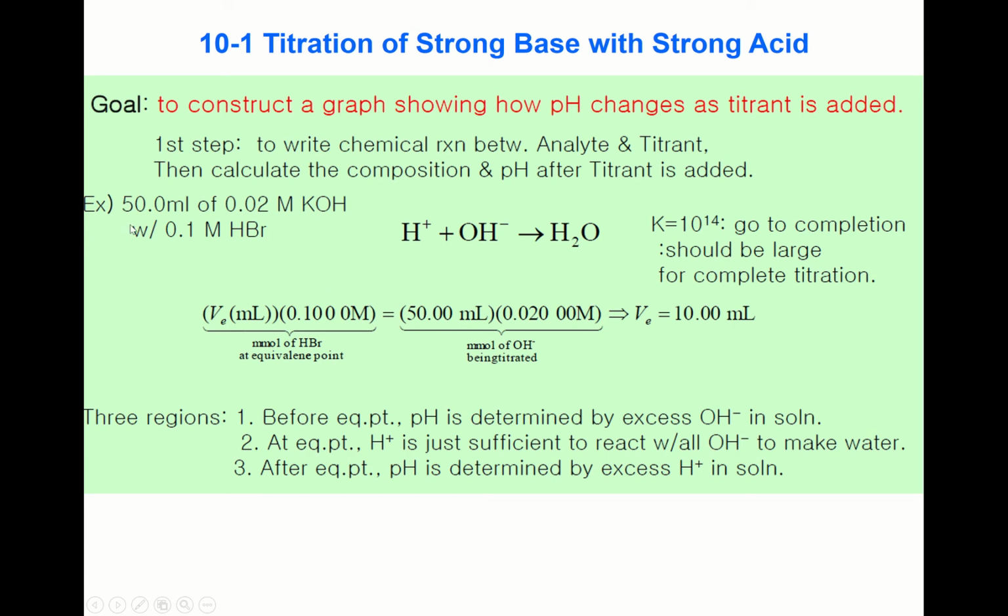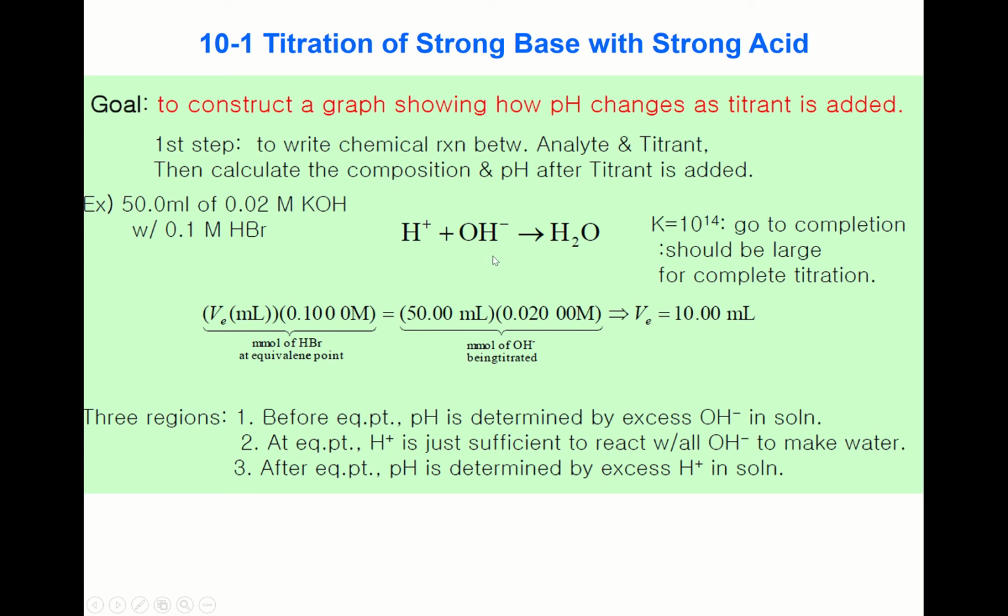Here is an example of 50 milliliters of 0.02 molar potassium hydroxide titrated with 0.1 molar HBr, hydrobromic acid. What is the equilibrium constant for this reaction? It is a very, very big number, but we can calculate it.